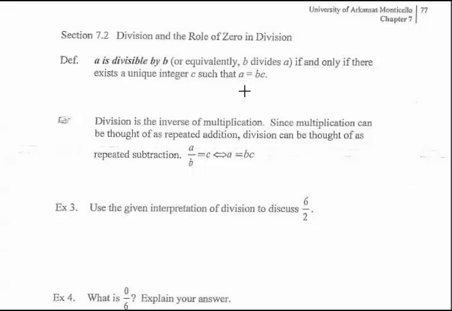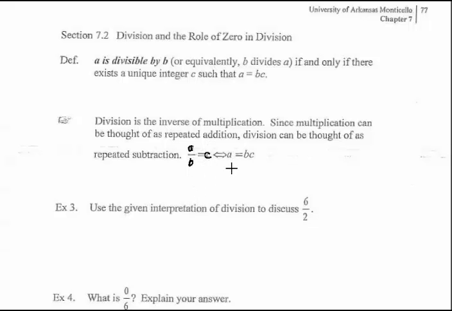Alright. Another way that this can be thought of is if you look here, we can write A, if A is divisible by B, then we get C. Okay, why is that?